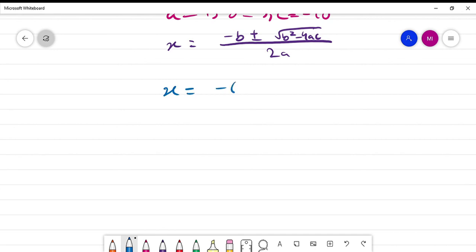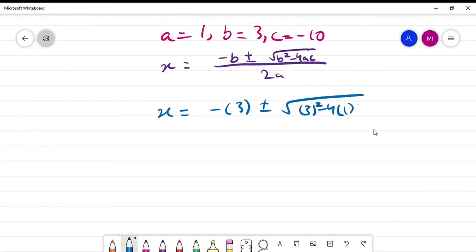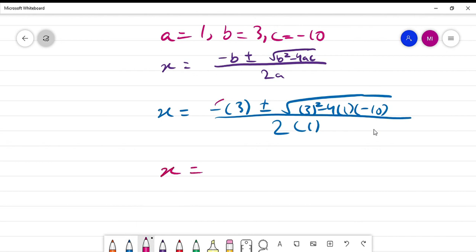X is equal to negative into 3 plus minus under root of 3 squared minus 4 into 1 into negative 10 divided by 2 into a, which is 1. X is equal to negative into 3 is negative 3, plus minus under root of 9, minus 4 into 1 is negative 4, and negative 4 into negative 10 is positive 40, divided by 2.